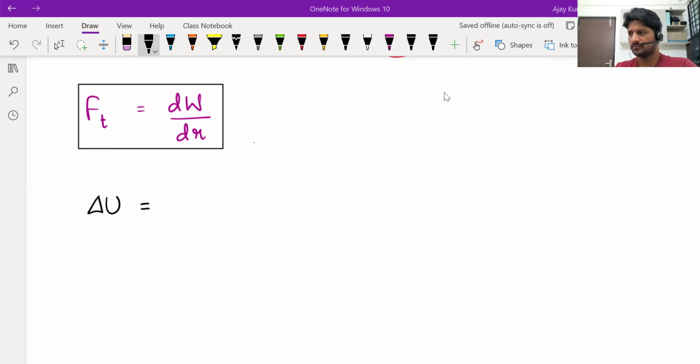When you solved the worksheet based on potential energy stored in a spring, what was the idea we used there?